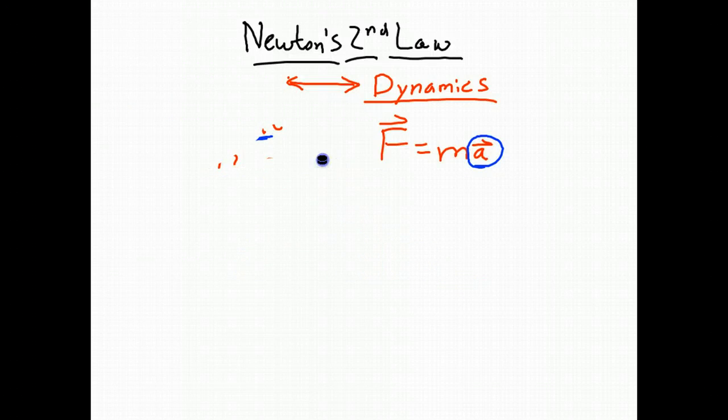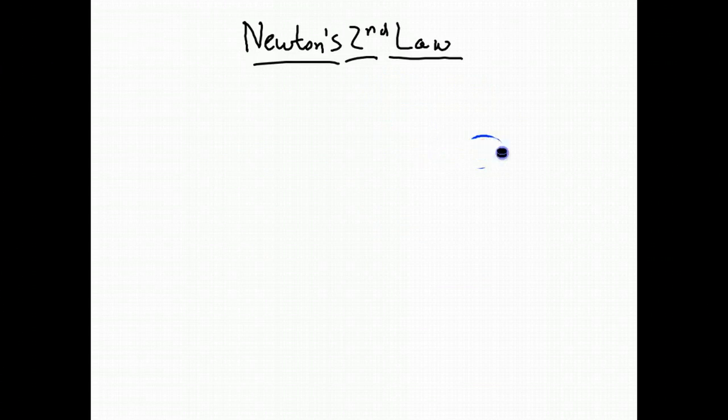All right. So if I were to look at Newton's first law and second law, and I wanted to sum it up, okay? And really two points, one for each. Newton's first law deals with balanced forces.